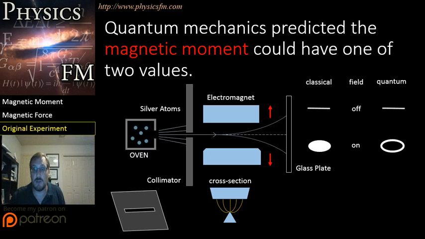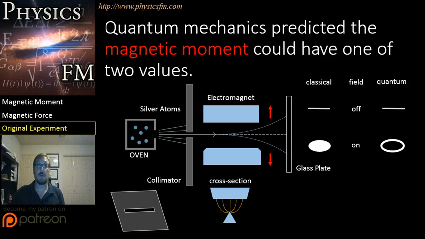There'd be a big area in the center here. Possibly there'd just be two lines and nothing in the middle. It depends on the initial momentum of the silver atoms and the size of that slit, right? So there are a bunch of different factors on exactly what it's going to look like, but basically you'd either have a big solid deposit, or you'd have a ring or a split deposit of some kind. Classically, quantum mechanically, those are your choices, right?